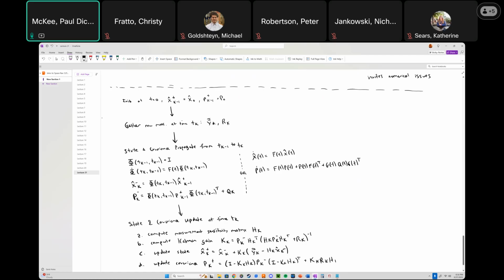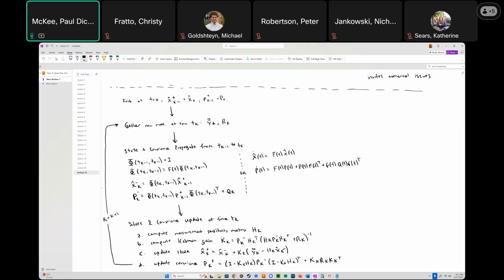Oops, not H. Someone's getting tired. Okay. And then when we're done with all of this, we loop, and we'll say k equals k plus 1. And there's our flowchart loop.